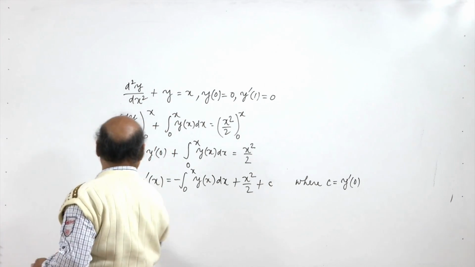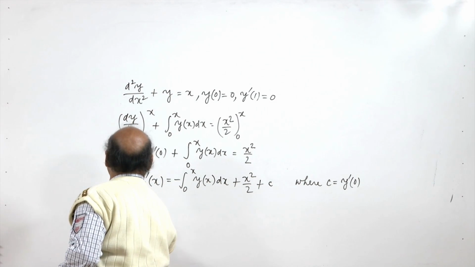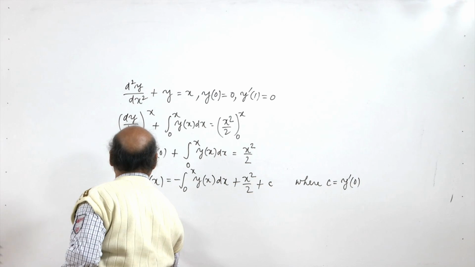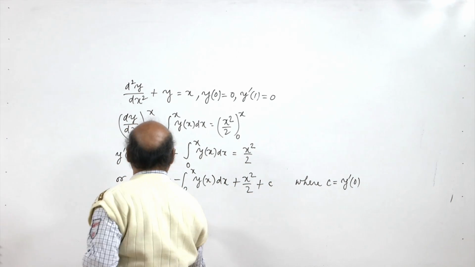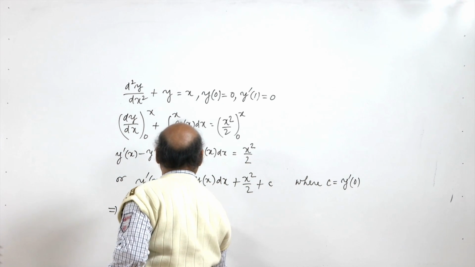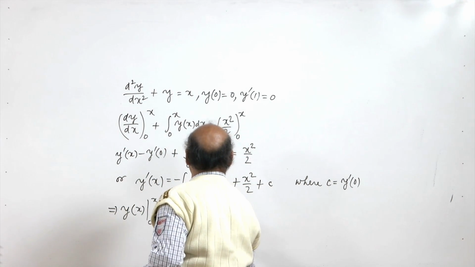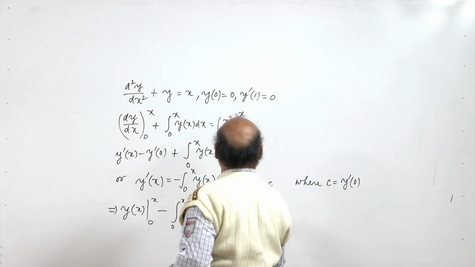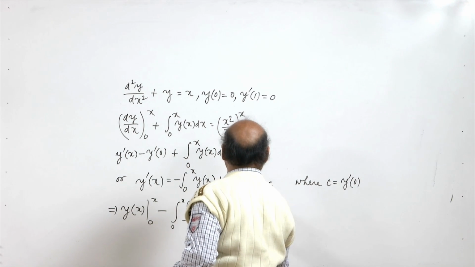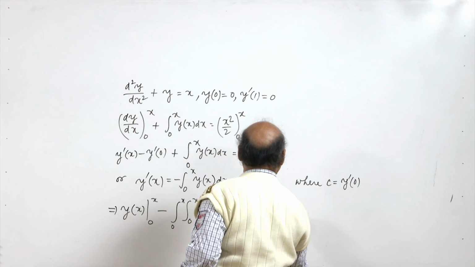Let us integrate it once again. So what we will get is y(x) equal to, from 0 to x, minus double integral y(x) dx plus x³/6 plus cx.